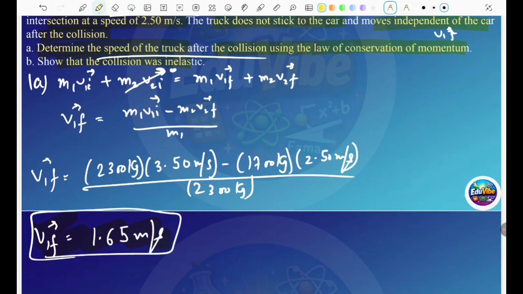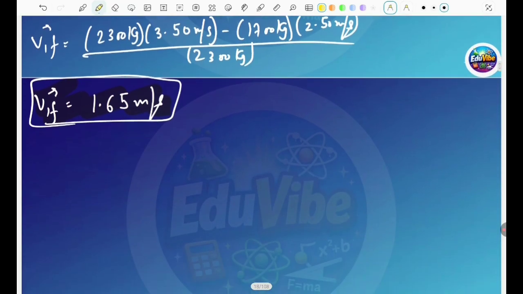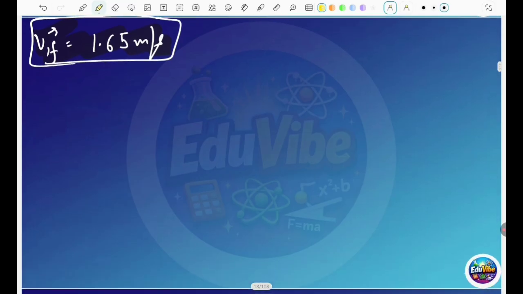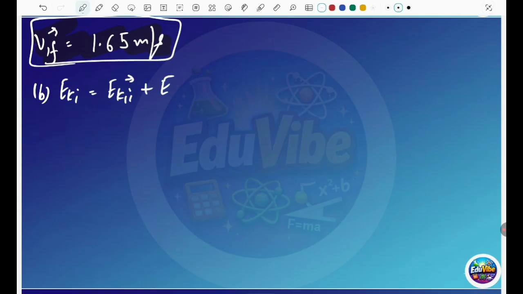For the second part, you have to show whether this is elastic. For elastic, you have to compare the kinetic energy initially and finally. If they are equal, it is elastic; if they are not equal, then it is not elastic. So for the B part, first define the initial. Kinetic energy initial is equal to kinetic energy of 1 initial plus kinetic energy of 2 initial.